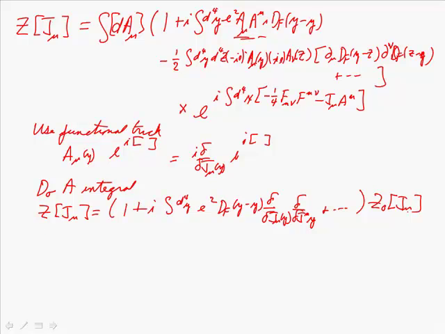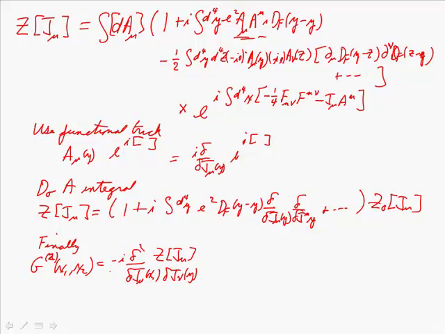Okay, and then finally we have the propagator G2 of x1, x2, gotten from this by taking minus i delta Z of j, one over Z0, and then at the end of that you finally set j equal to 0.